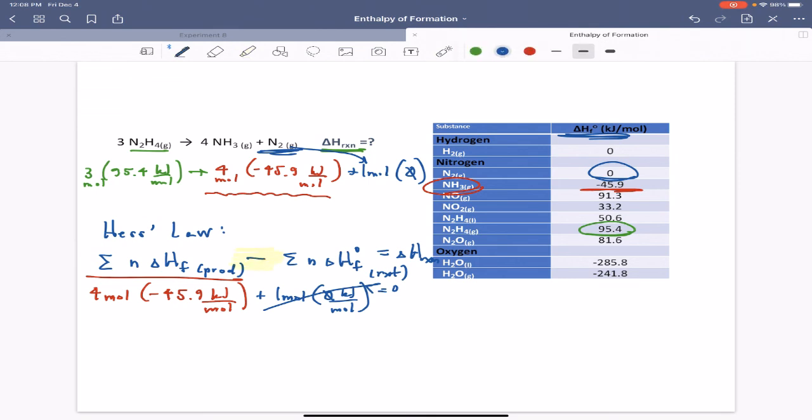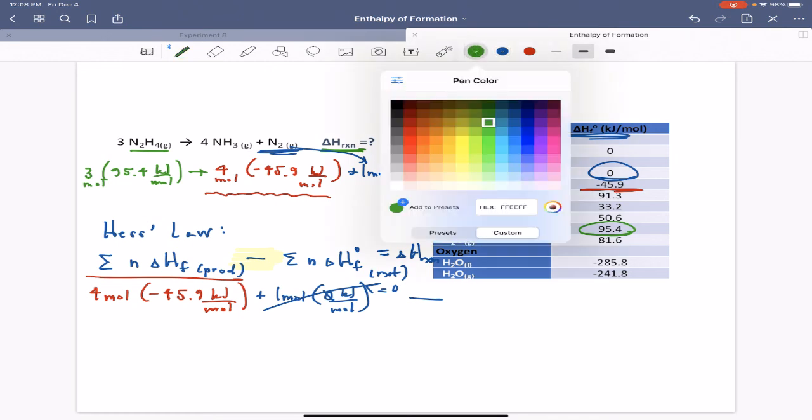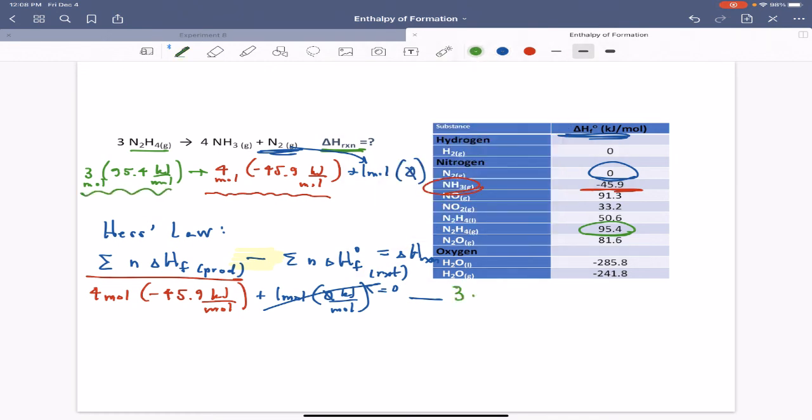Minus, and now I'm going to look at reactants: 3 moles, each mole is 95.4 kilojoules. When I add all this together, I will have the enthalpy change for this reaction, and that's my goal. Hess's Law is to solve for the change in enthalpy for a reaction, and we can do that starting with enthalpies of formation.